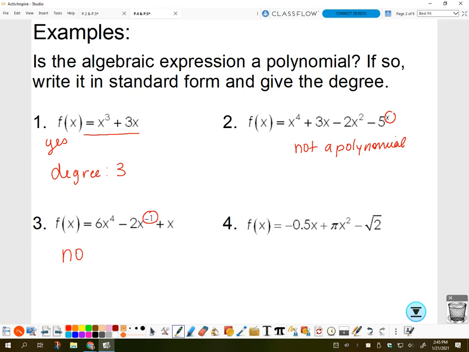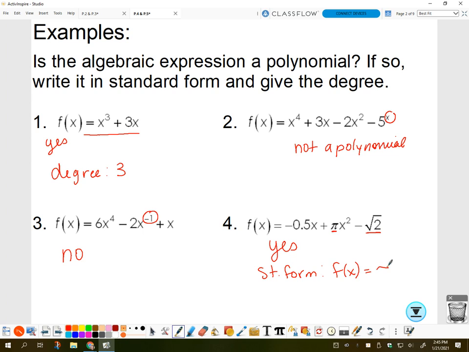All right, number 4. This one looks a little iffy, but pi is a real number, and so is the square root of 2. We have a 1 as an exponent, and we have a 2 as an exponent. So this is a polynomial. To put it in standard form, we need to make sure that the exponents start from the biggest and go down from there.